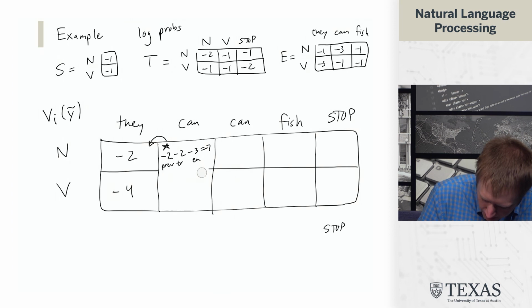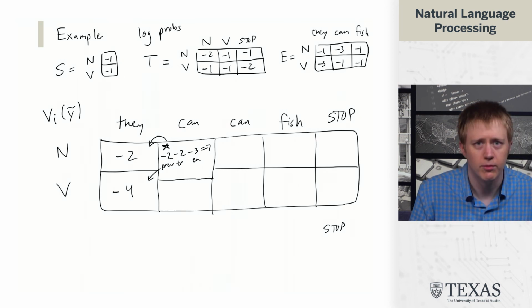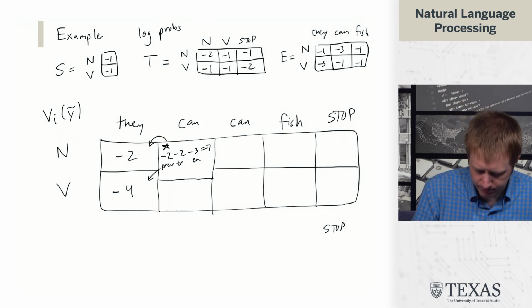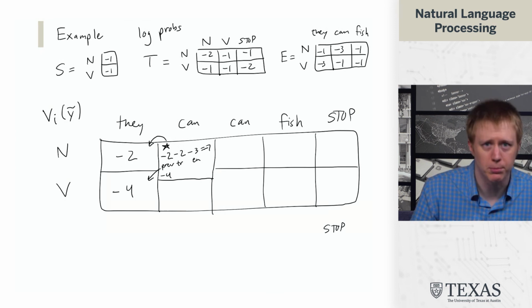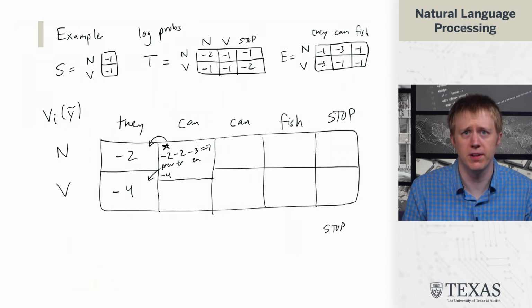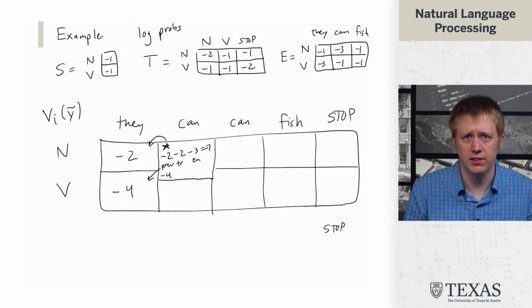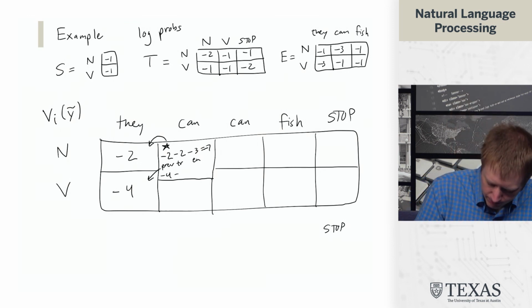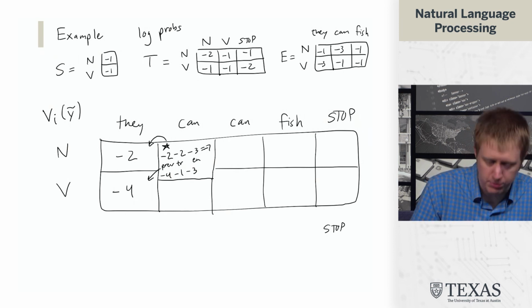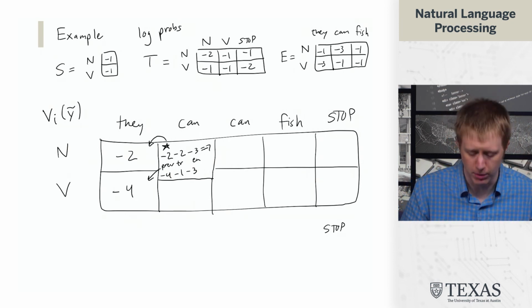another possibility here as well, which is what if we came from the -4 cell here? So in this case, we would have -4 from the previous cell. We would have the transition from verb to noun, which is a -1. And then we have the emission, which again is -3. So that's actually the same between both of these.